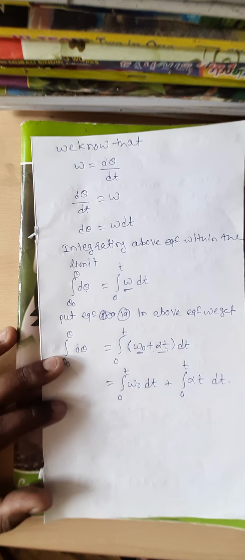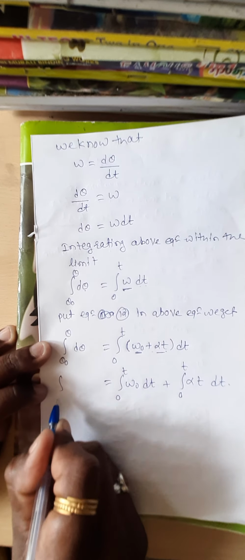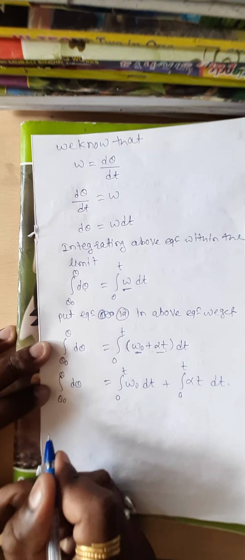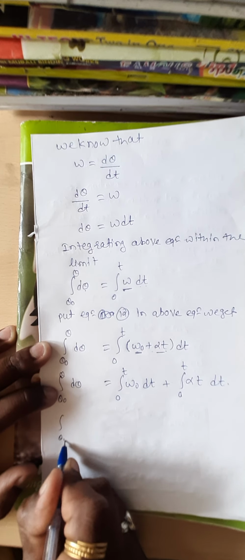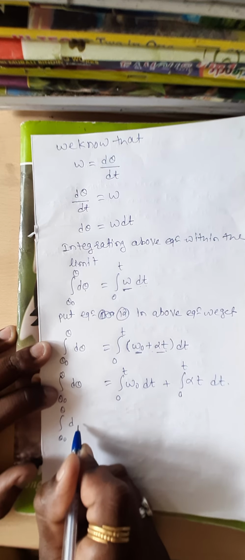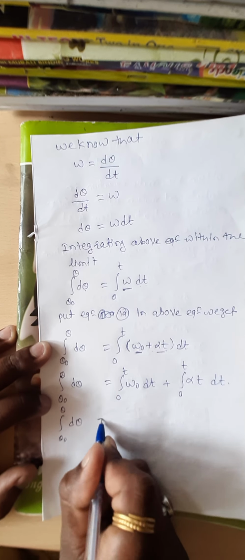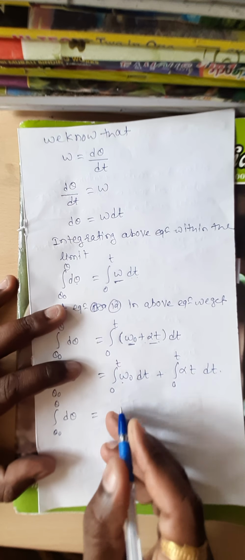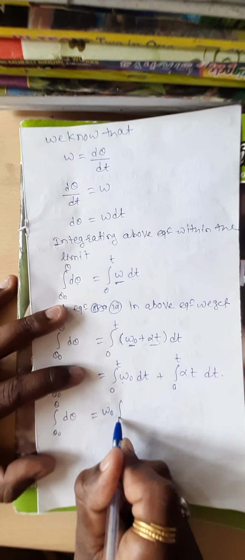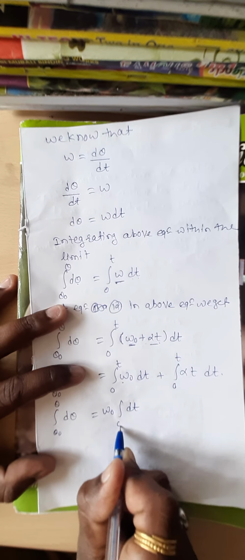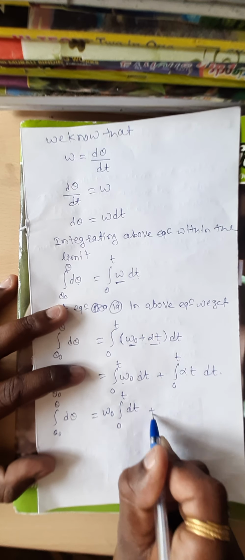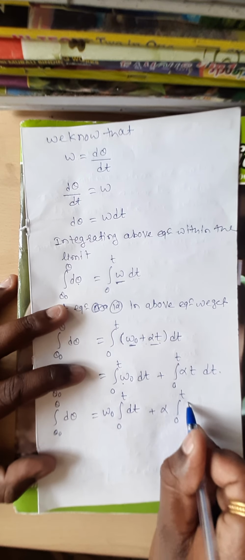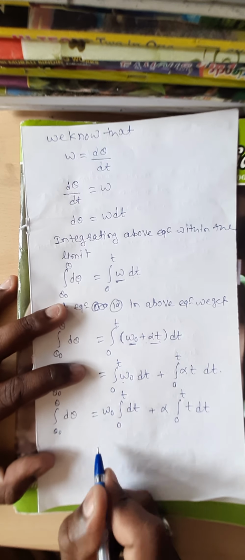The left hand side stays as it is, integration from theta naught to theta of d theta, which is equal to omega naught, a constant, taken outside, integration of dt within the limit 0 to t, plus alpha, also constant, integration of t dt from 0 to t.